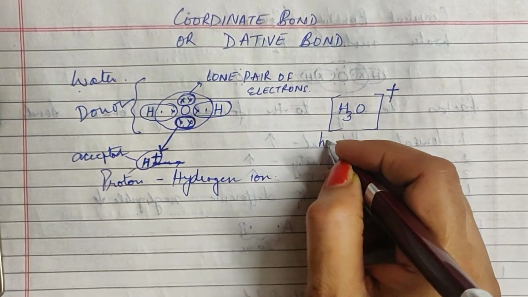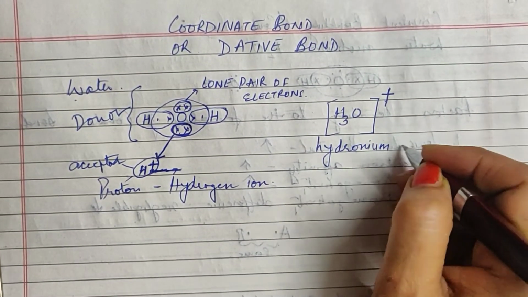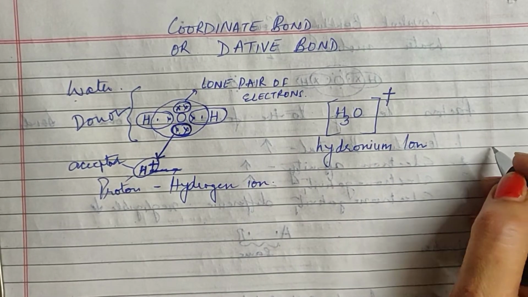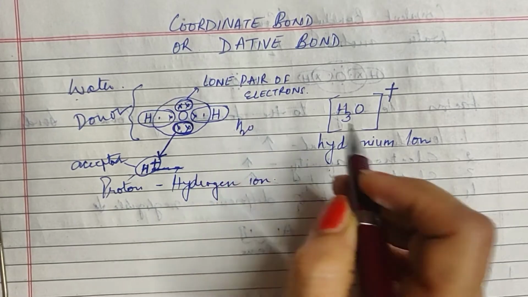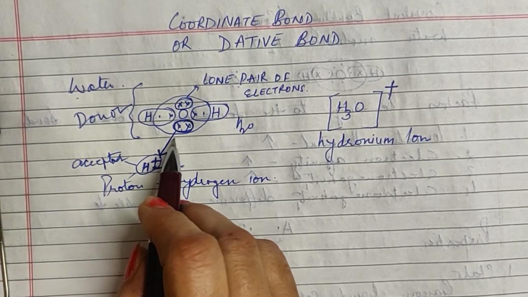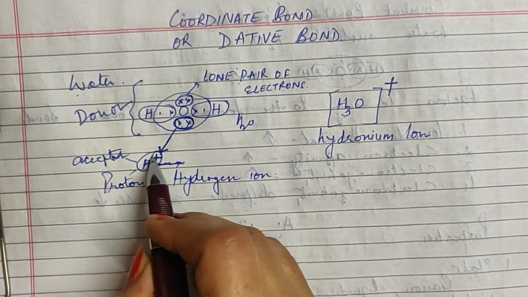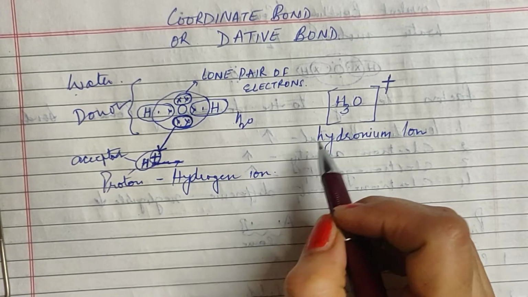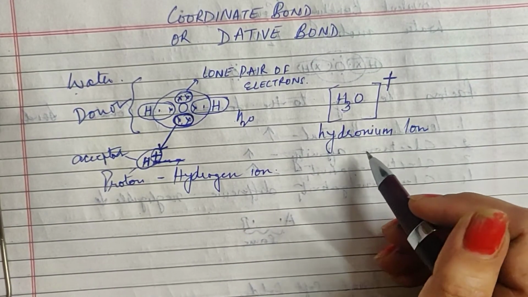This becomes a hydronium ion, H3O. Initially it was H2O, which was the water molecule, but when the hydrogen ion associated with it, it forms H3O, and the charge present over the hydrogen is taken over by the entire molecule, and this is how a charged particle is formed.